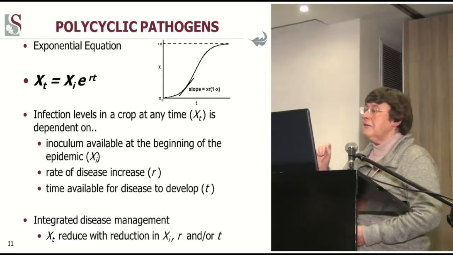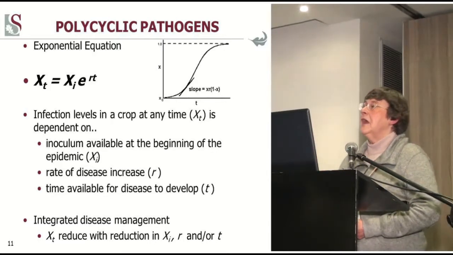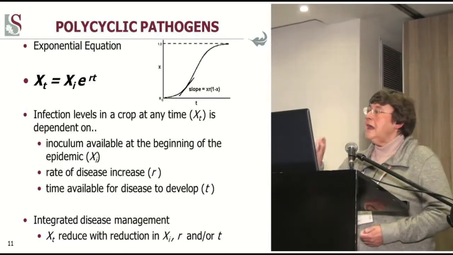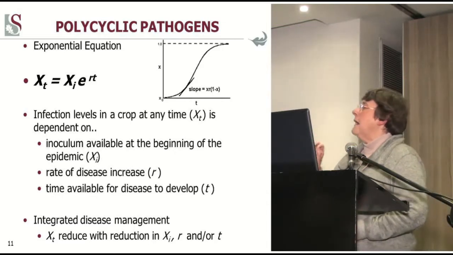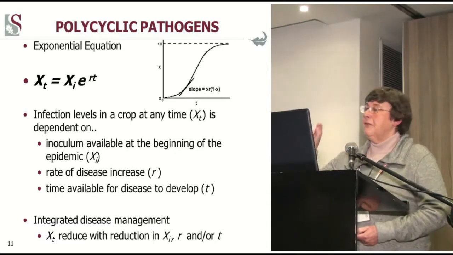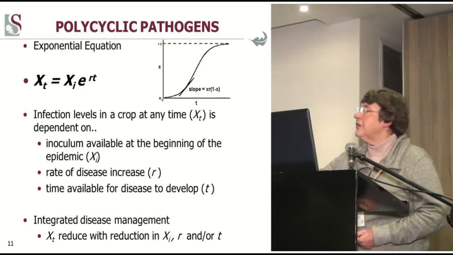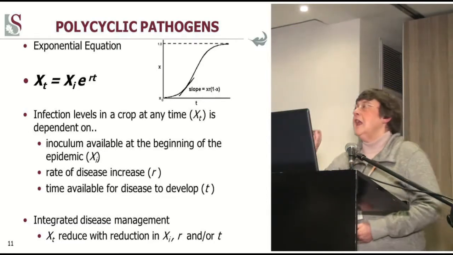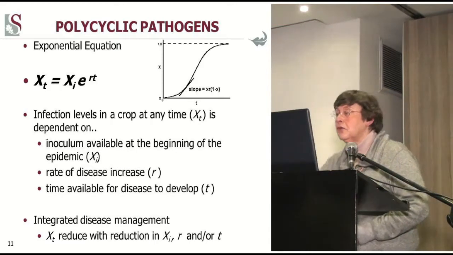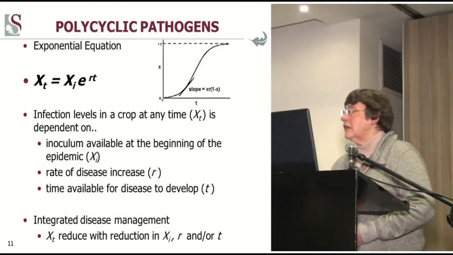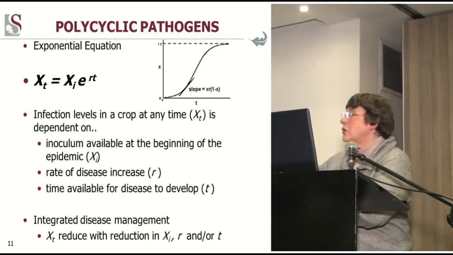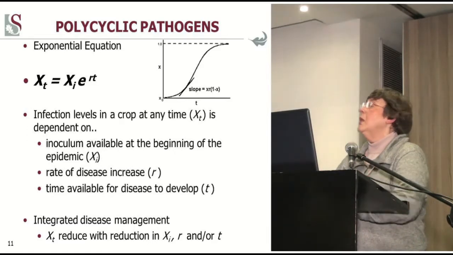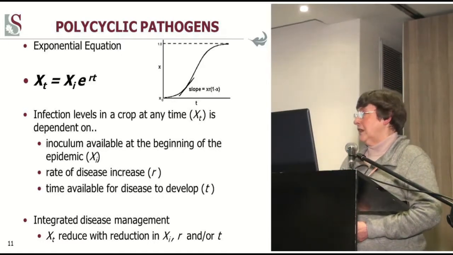Okay, so this is a very important concept for us as plant pathologists, because what it means is that in order to manage a certain disease, if we can limit the amount of initial inoculum x_i, if we can slow down the rate of the disease progress, or if we can shorten the time of that epidemic, we can then manage that particular disease.